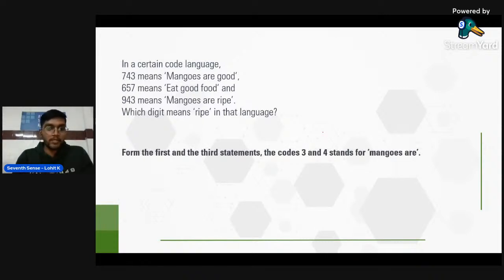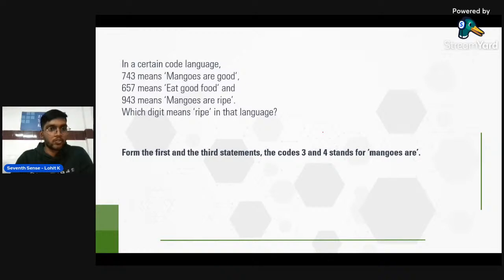So when you compare the first and third sentence, because they have asked the answer for ripe, right? For ripe, first you have to see whether they have used any two sentences which consist of two ripes. If it is not there, calculate the rest of the sentences and then you can calculate the answer for ripe. So two ripes are not there, so you need to calculate the answer for mangoes are.